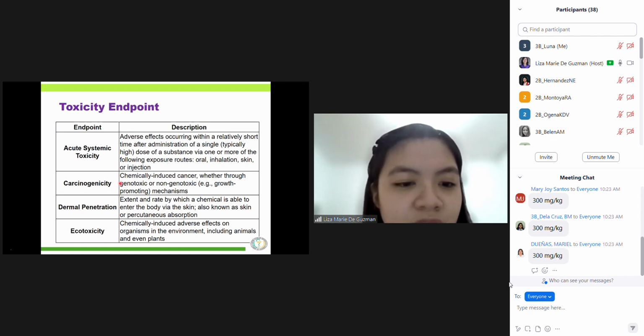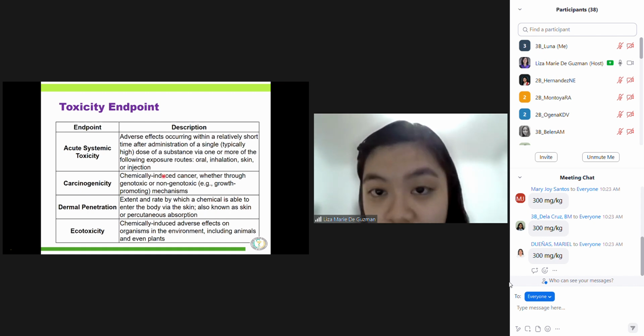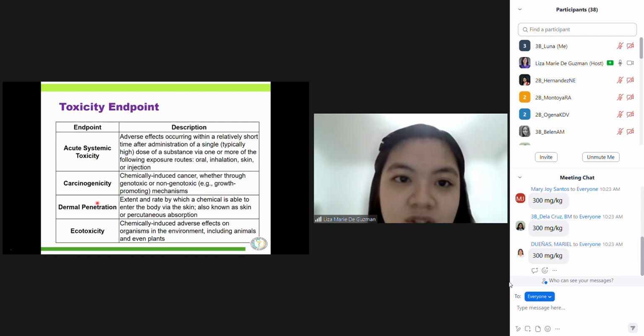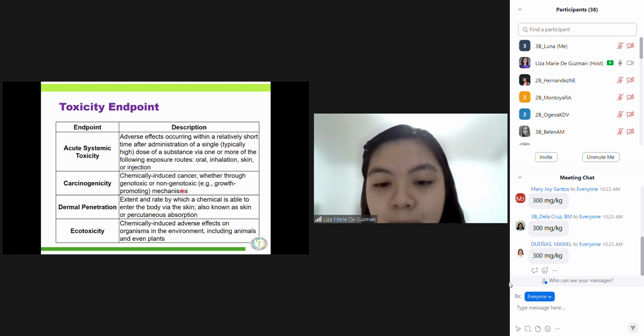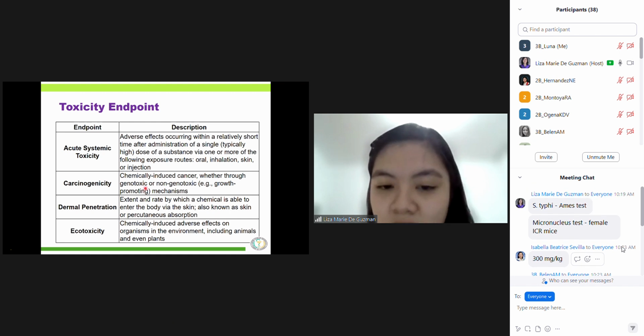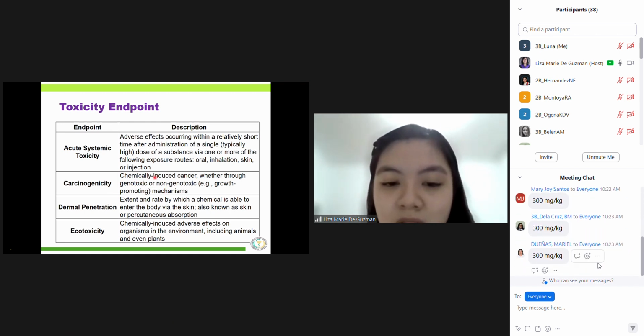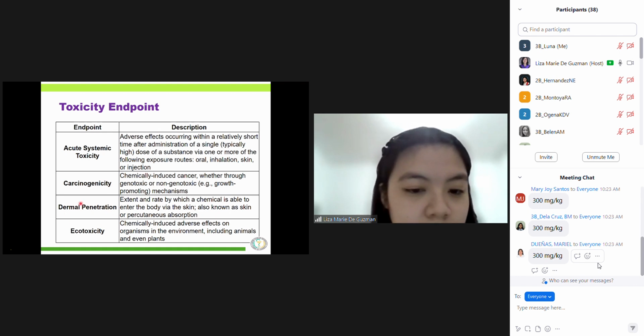And then if you want to know the carcinogenic potential, whether your drug can induce or not cancer, stimulate the growth of cancer cells, you can conduct a carcinogenicity testing, whether through genotoxic, to directly act on the DNA, or non-genotoxic mechanism. So when we say genotoxic, it directly acts on the genes or at the genetic material, the DNA.